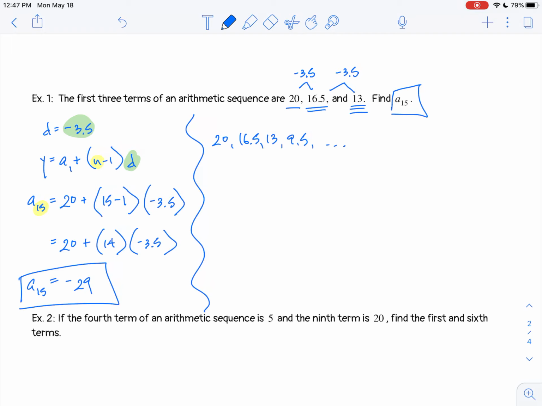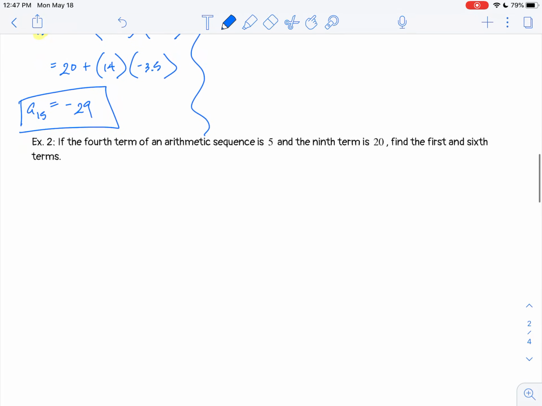That's a good way to check your answers when the numbers are small. But if I asked you to find the 100th term, you probably don't want to sit and write out 100 terms. It's probably better to use the formula. All right, so let's go ahead and take a look at example number 2.